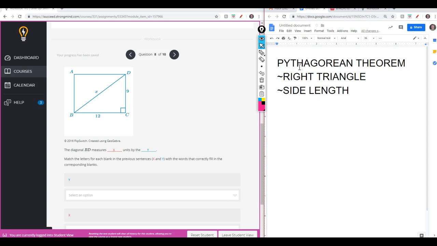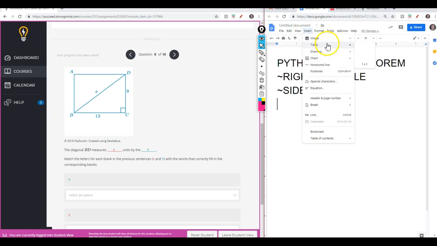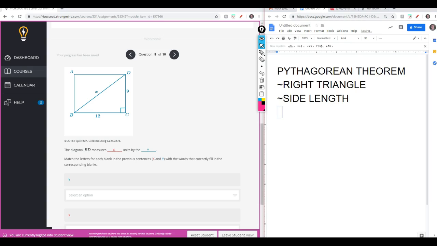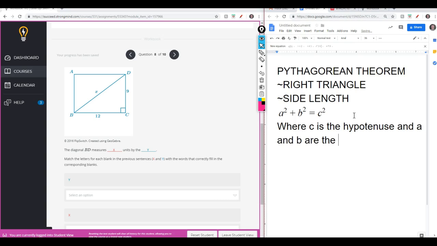The equation is a squared plus b squared equals c squared, where c is the hypotenuse and a and b are the remaining two side lengths. So if you take nothing else from this, take the Pythagorean theorem, when to use it, and how to use it.